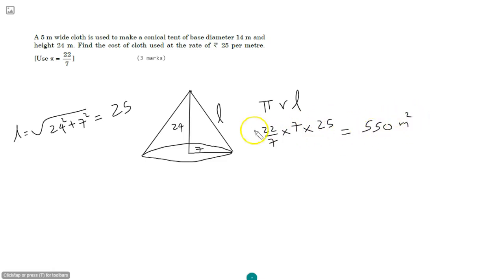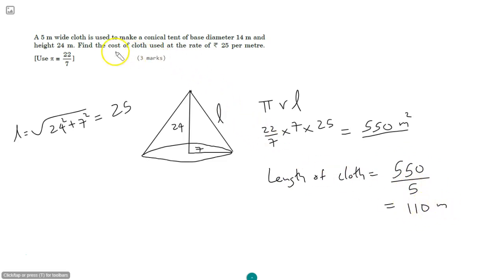Okay, so we have a cloth that's 5 meter wide, right? And we need an area of 550 meter square. So the length of the cloth is going to be 550 divided by 5, which is 110. So we need 110 meters of cloth.